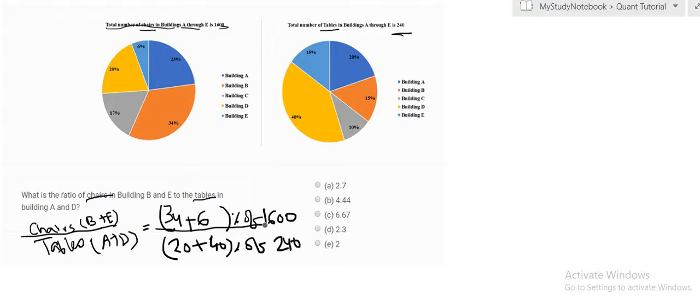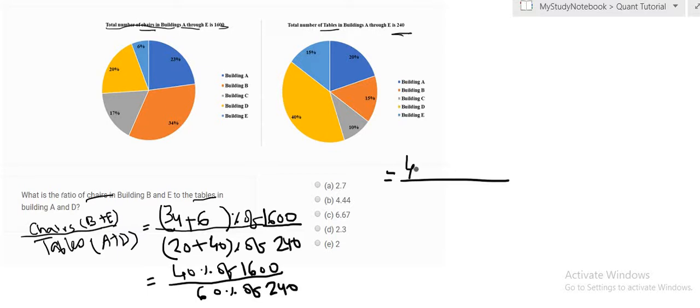So since now we have organized all our numbers here, all we have to do is just calculate them. So in the top, it's 40% of 1600, and below it's 60% of 240. So now we can just complete our calculation. So 40 by 100 into 1600, and for the bottom is 60 into 240.